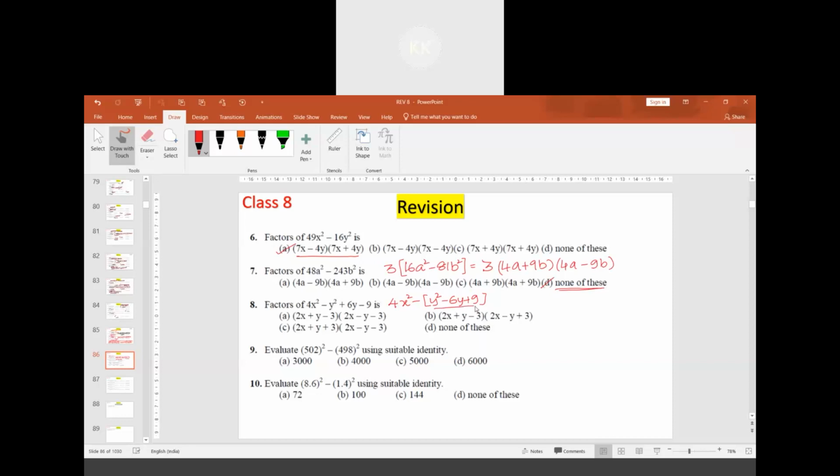This inside the bracket is like a square minus 2ab plus b square. So this is 2x whole square minus y minus 3 whole square. The result will be 2x minus y plus 3 into 2x plus y minus 3. Understood? Option B is the correct answer.